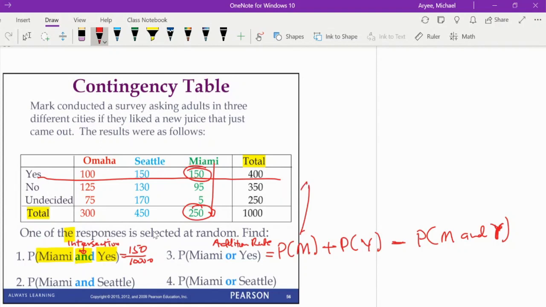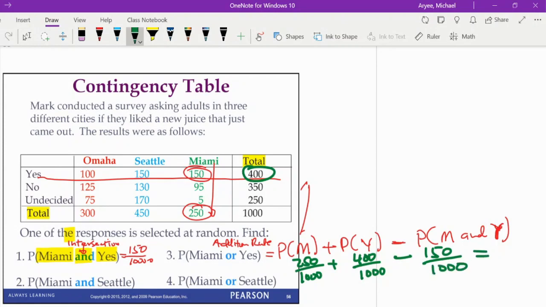So this is 250 over 1000 plus all the yes. The yes is 400. 400 over 1000 minus the overlap. I counted something twice whilst doing all the Miami and all the yeses, which is the Miami and yes. So minus 150 over 1000.